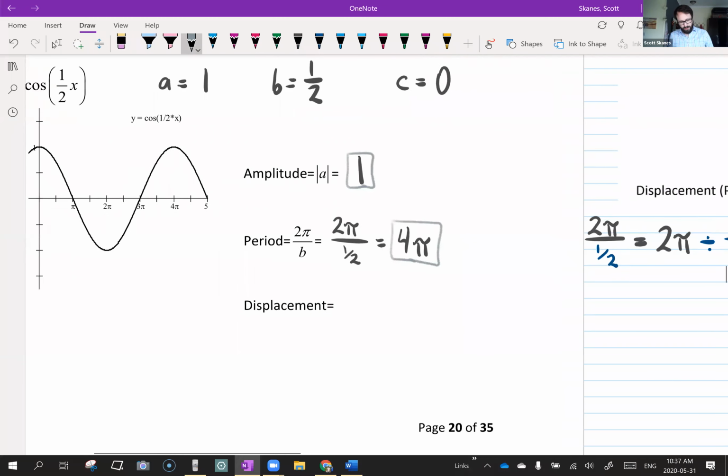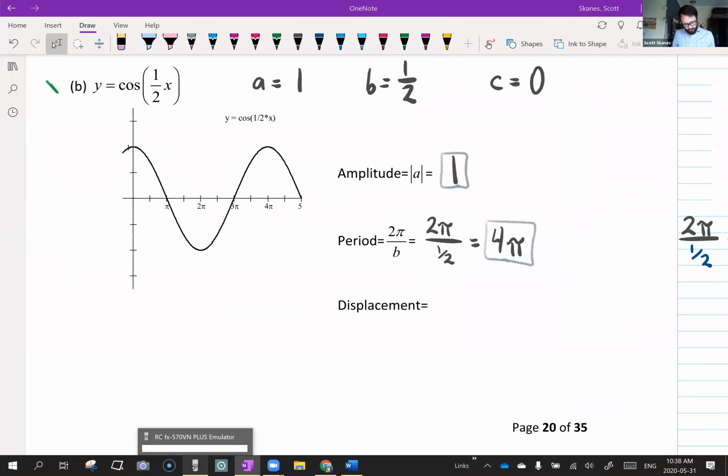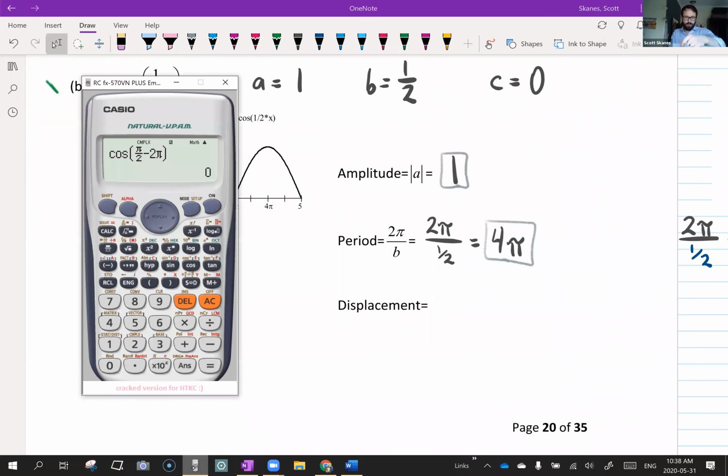All right, the other way is to use your calculator. So just make sure you're confident with your fraction buttons. So I would set up the fraction first, put in 2 pi. Assuming you have a Casio. If you don't have a Casio, there's not a whole lot I can do for you right now. You'll have to figure it out another way. Sorry about that.